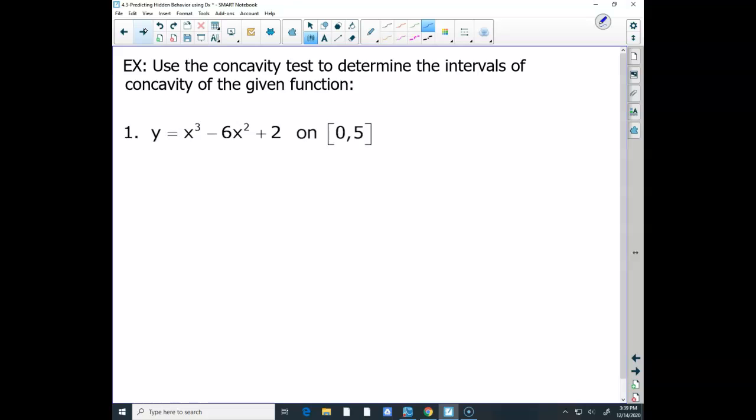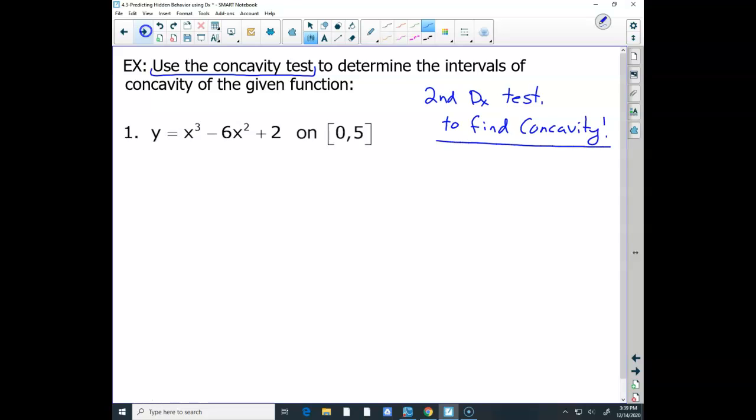So let's knock out a couple examples here before we call it the end of the day, and hopefully I can get a few things in. What we're going to do is use the concavity test. The concavity test is the second derivative test to find concavity.